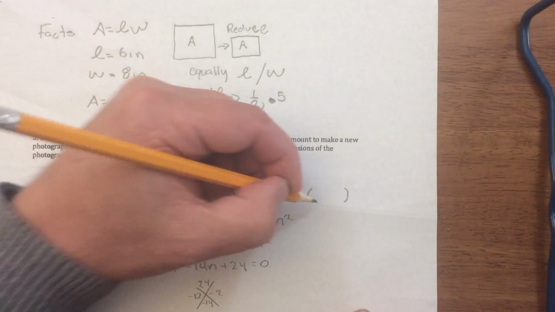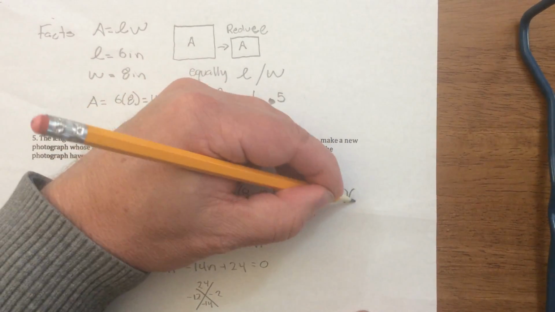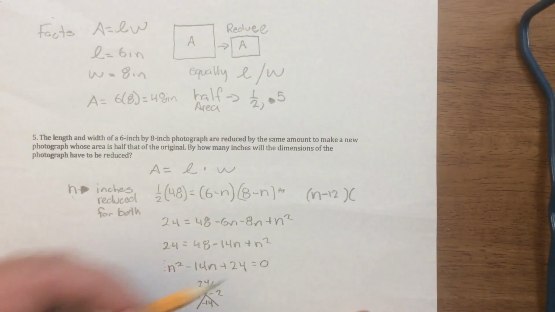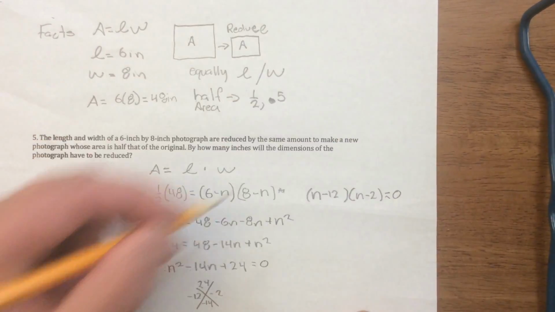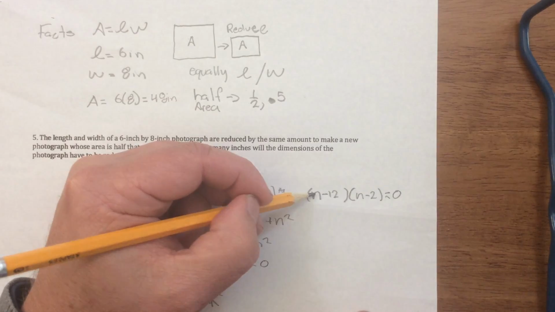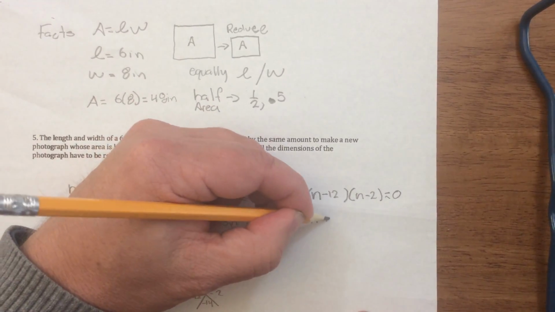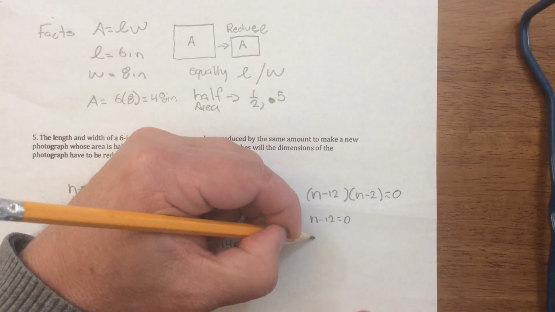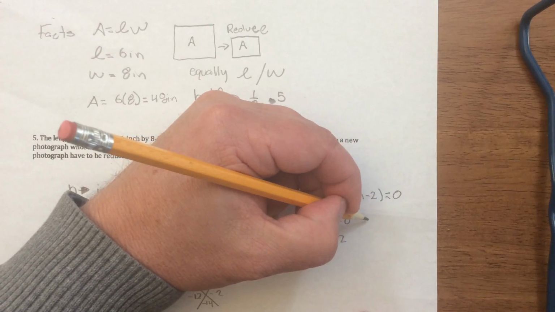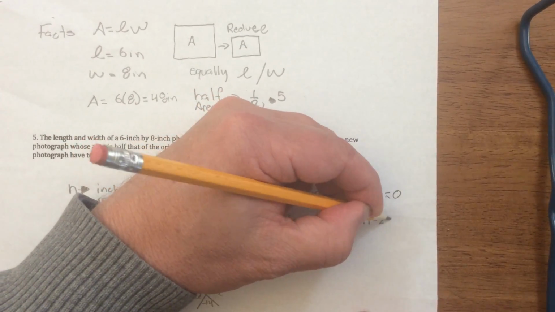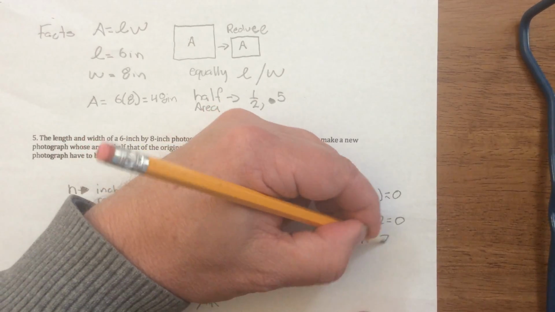Since a is equal to 1, I'm just going to take the n, put n minus 12, and then n minus 2, is equal to 0. Now I'm going to find my roots, or my zeros. I set this one equal to 0, and I get n is equal to 12. Then n minus 2 is equal to 0, and n is equal to 2.